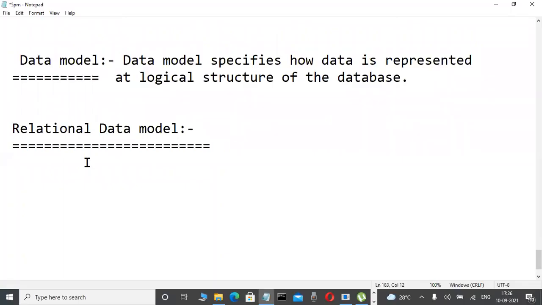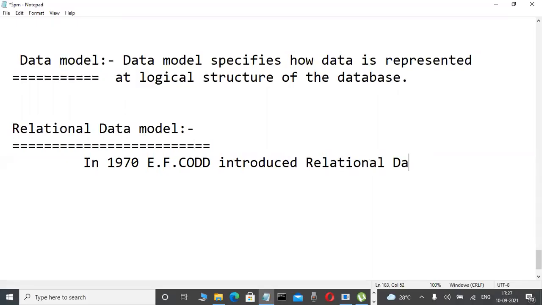In 1970, EF Codd is the father of the relational data model. EF Codd introduced the relational data model. Write the terminology.